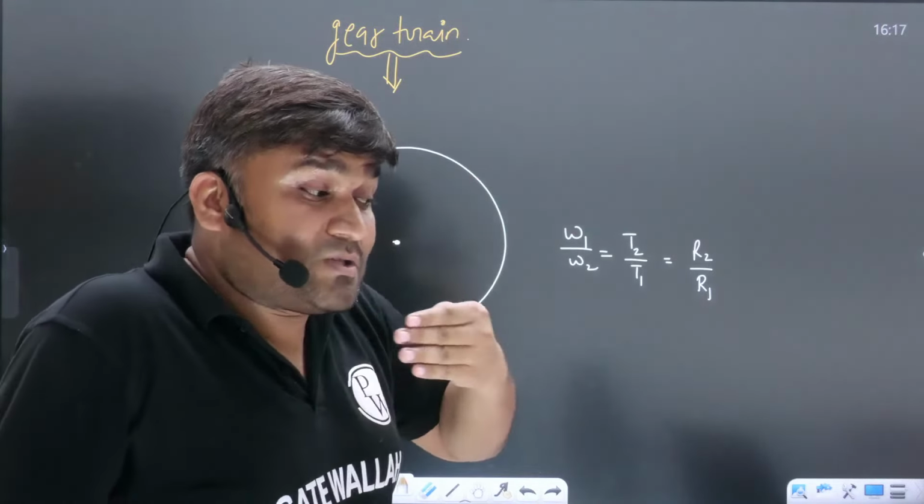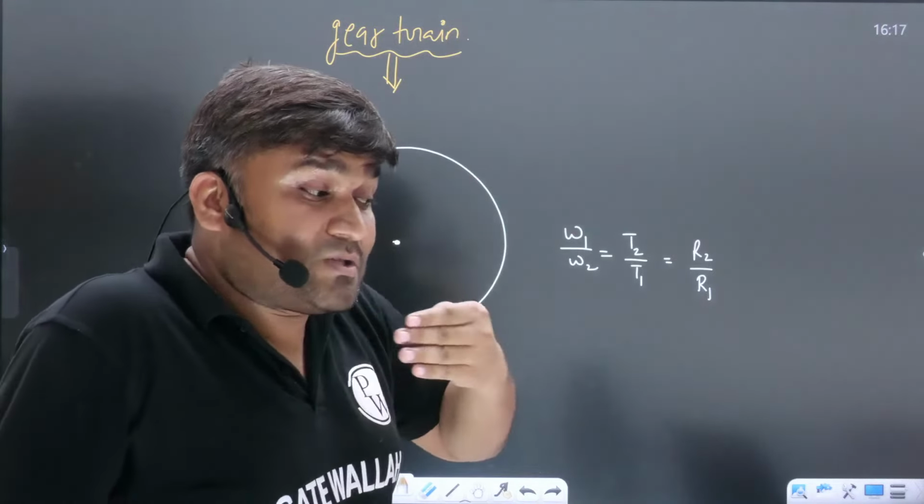It is very large. What if I give 1000 rpm input and at the output I want 50 times smaller values of velocities? Then the diameter, the dimensions, the size will be 50 times larger.